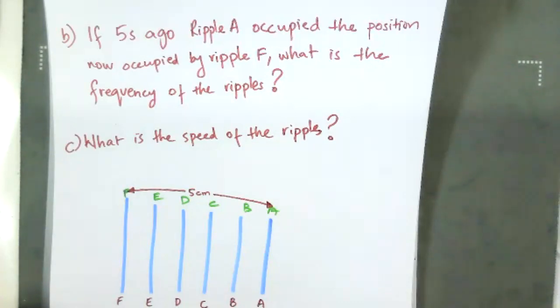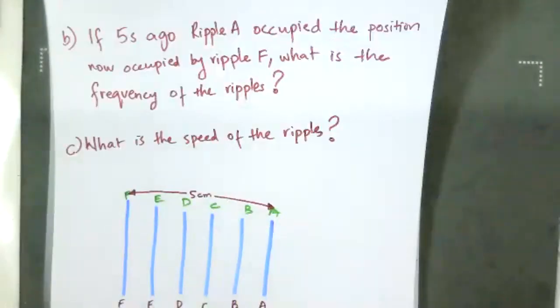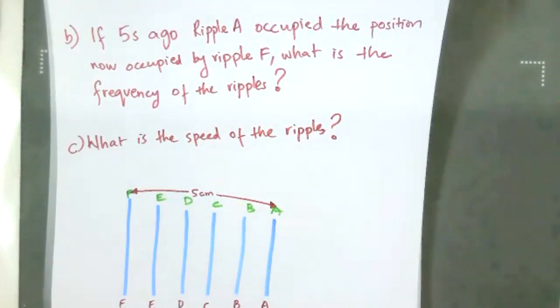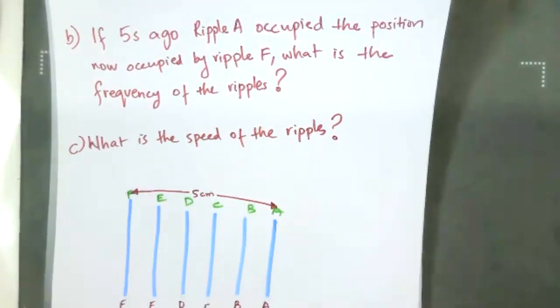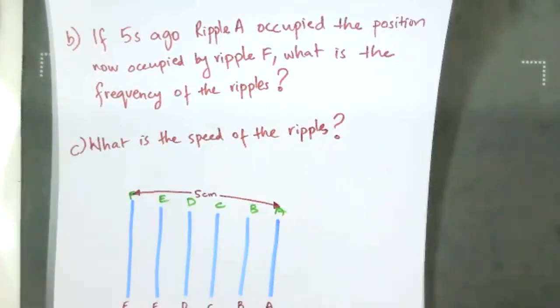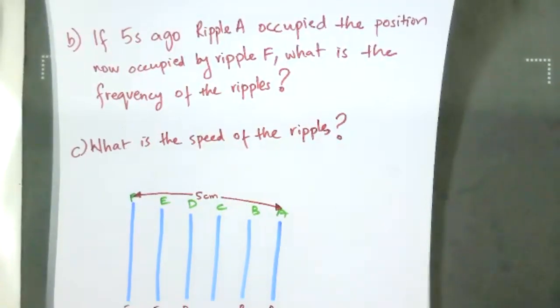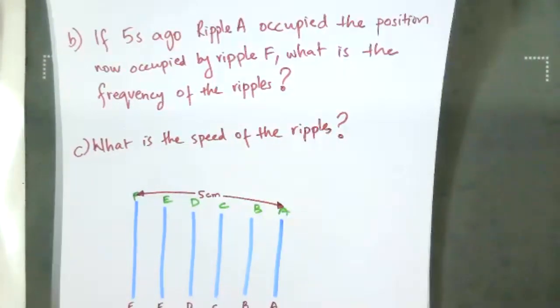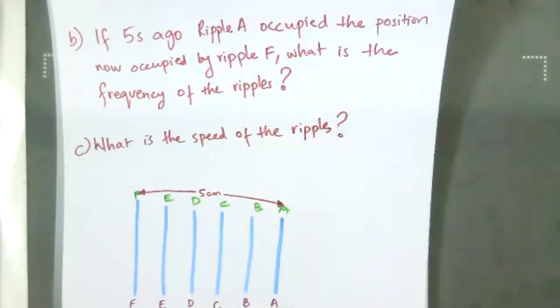So in 5 seconds, we have 5 over 5, which equals 1. And what's the unit for frequency?